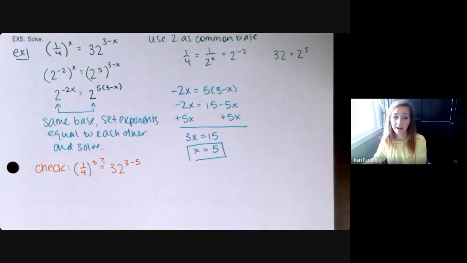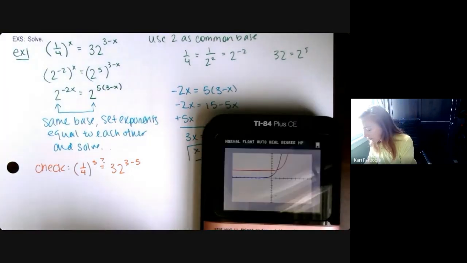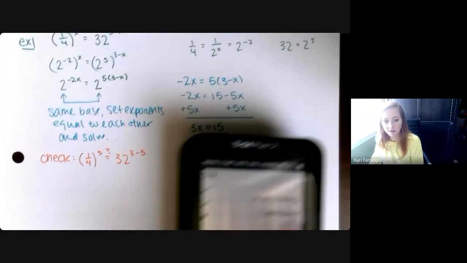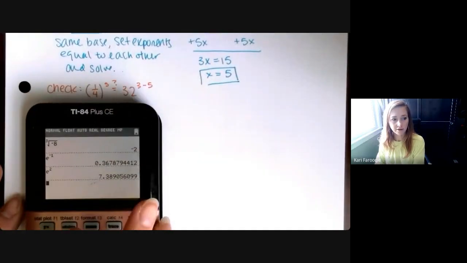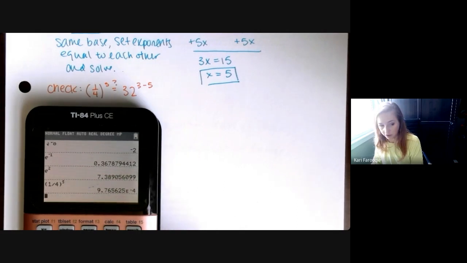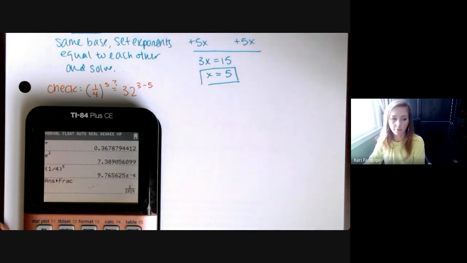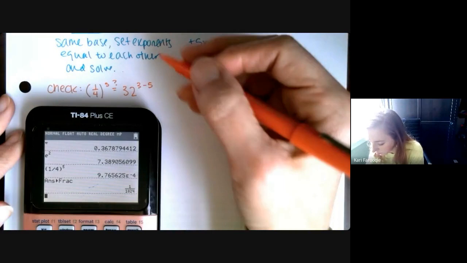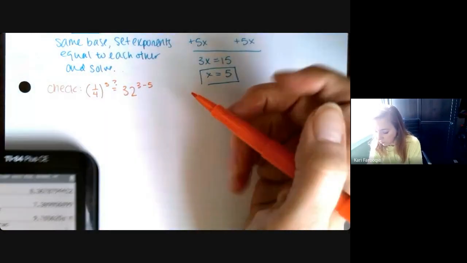If you're wondering how you would know that, you can put it into your calculator. Don't forget your parentheses, however: (1/4) to the 5th. Your calculator is going to give you exponential notation. If it doesn't simplify it to a fraction for you, you'll have to do this by hand, but it does. So this is 1 over 1024.